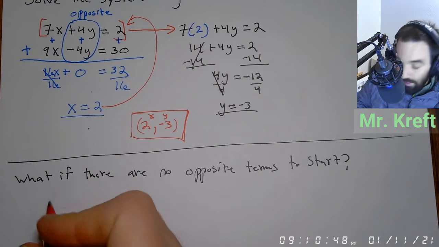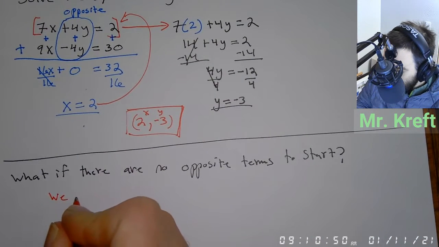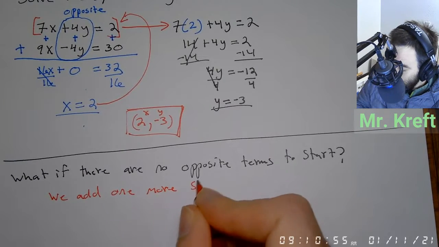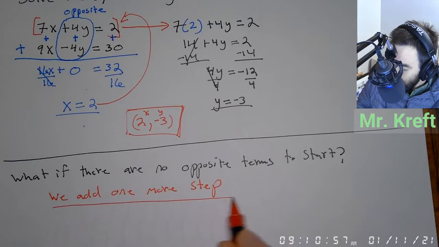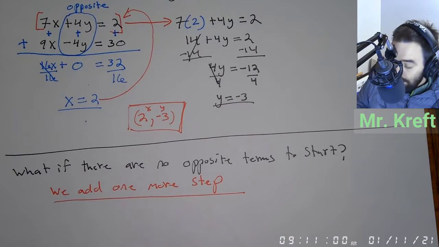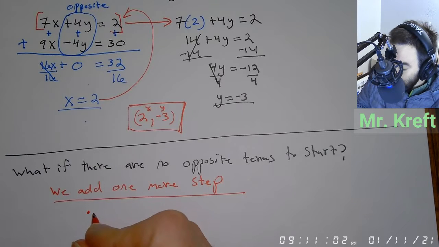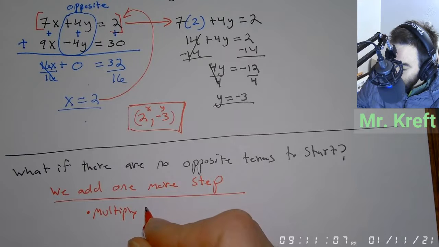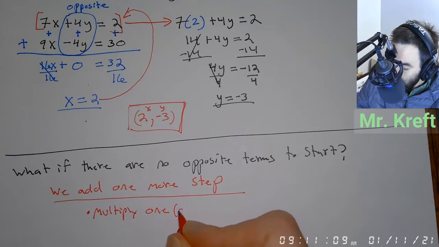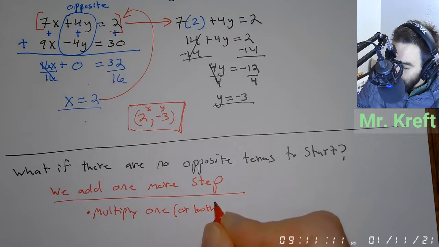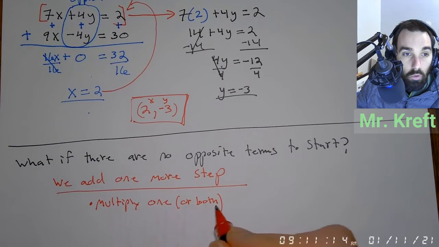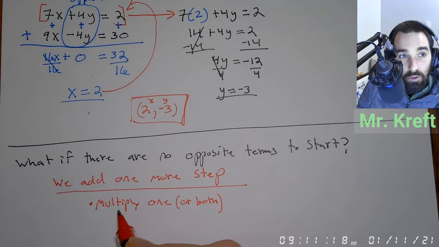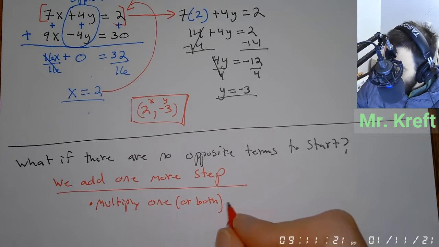So we're just going to add one more step, and that's going to be, we're going to multiply 1 or both. We're not really going to worry about both. We're going to focus on just multiplying 1.